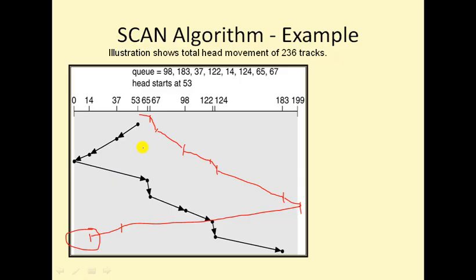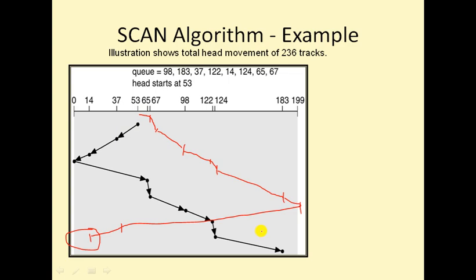Now how can you calculate the total track movement of the head? It is very easy, because you choose one direction. From 53 to 0, you simply subtract: 53 minus 0. That gives the tracks in this direction.